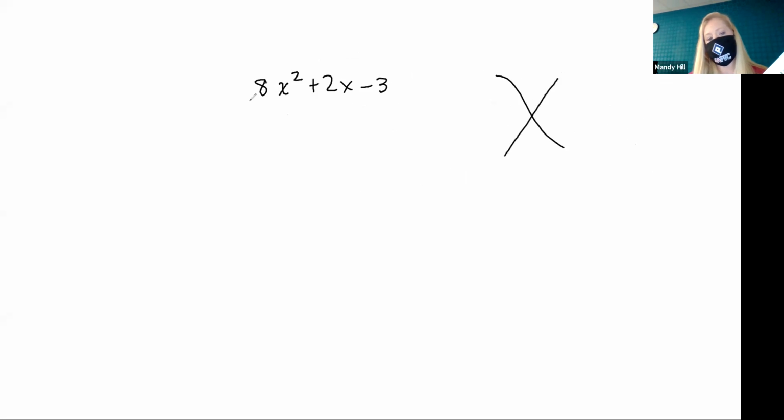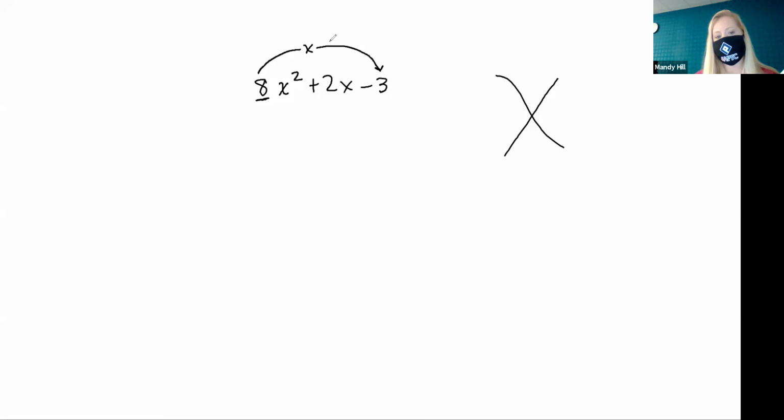Okay, first problem. 8x squared plus 2x minus 3. When you're doing this, if there's a number in front of the x squared and it's not 1 anymore, we have one small adjustment that we need to make. This number in the front gets to be multiplied by the number in the back.